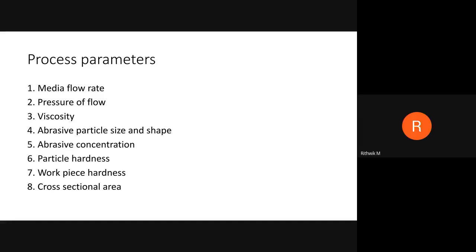Then particle hardness, that means the hardness of the abrasive particles, whether it is very hard or the hardness is low. Then the workpiece hardness, and finally the cross section area. So these are the main process parameters which may affect the various quality parameters of a machining operation.